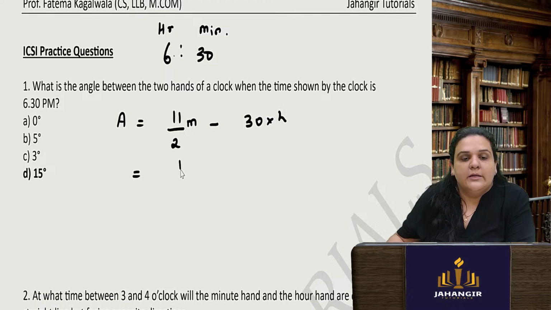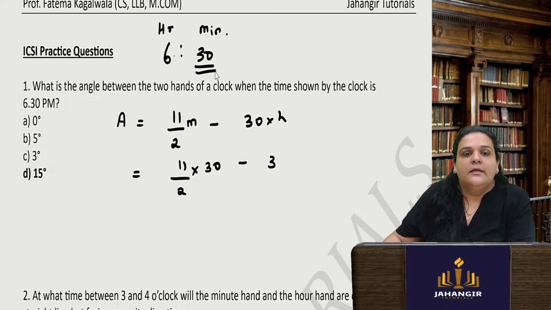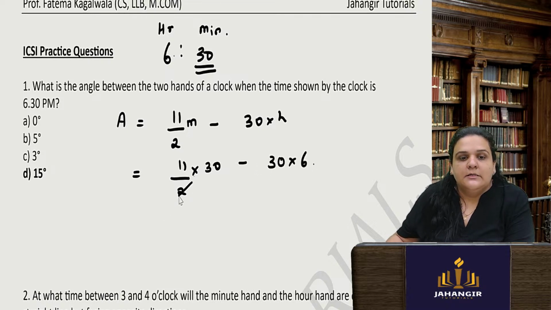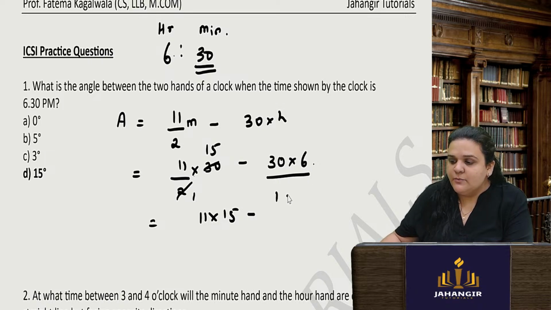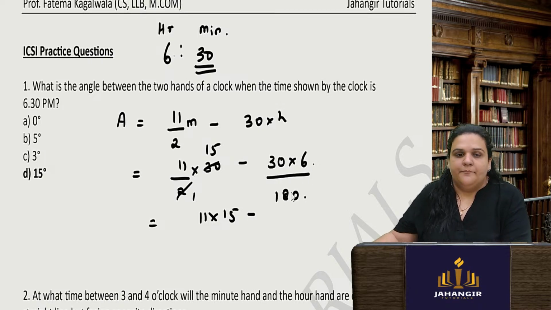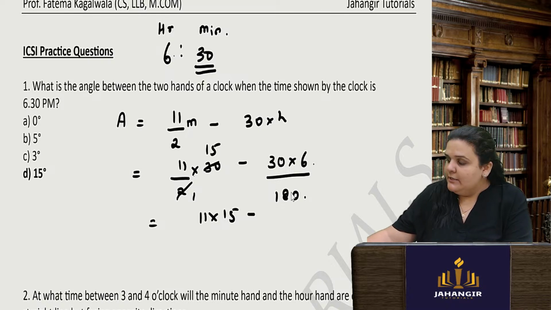So 11 upon 2 into m, where m is 30 minutes, and 30 into 6 in hours. 2 ones are 2, 2 15s are 30, so 15. So 11 into 15 minus 30 into 6, which is 180. 11 into 15 is always 165.